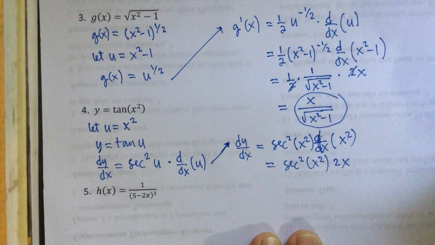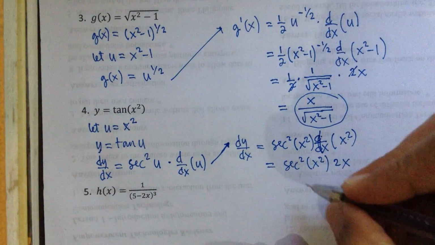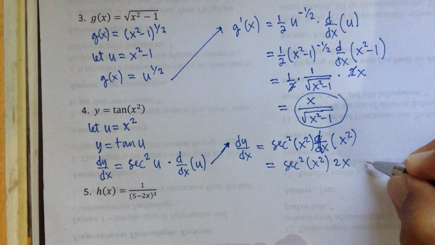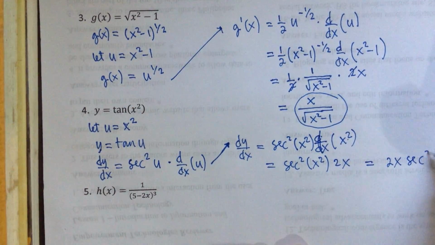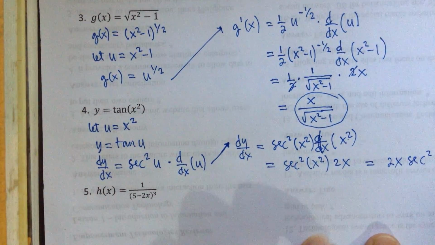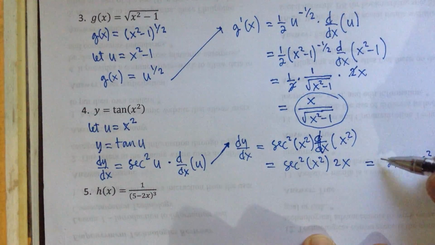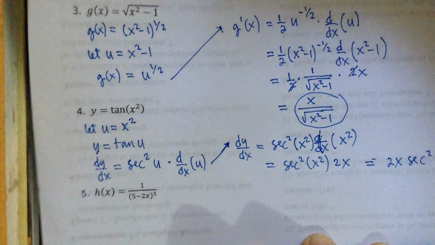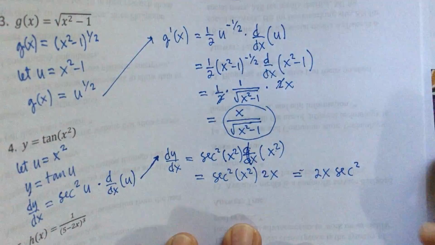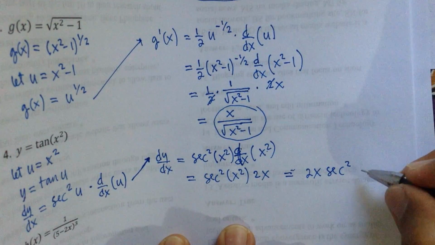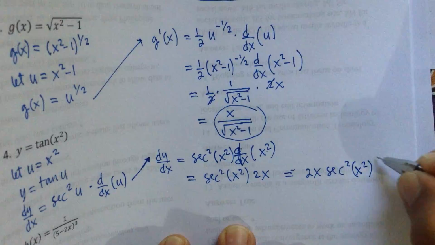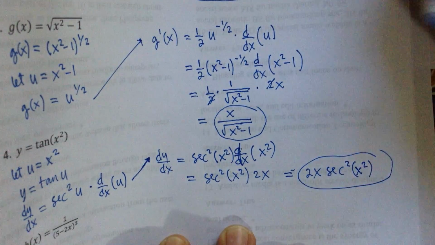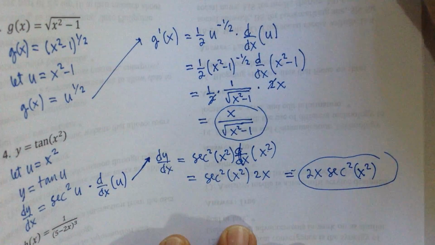That's 2x. Or you can choose to write your answer as 2x secant squared x squared for the derivative of tangent x squared.